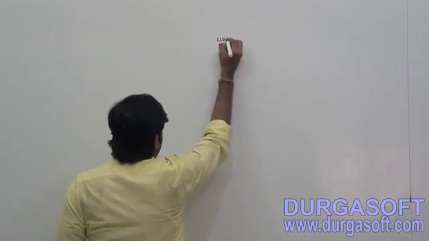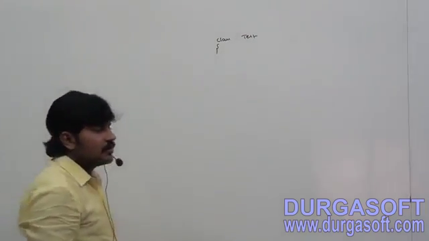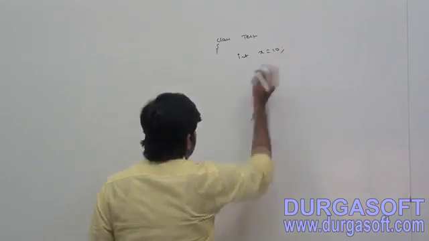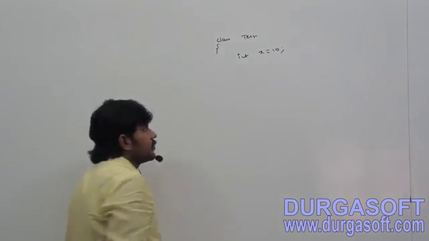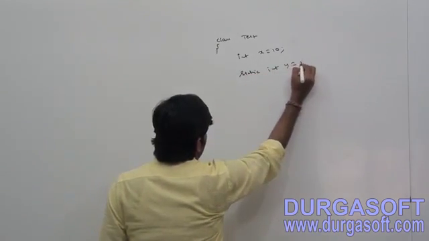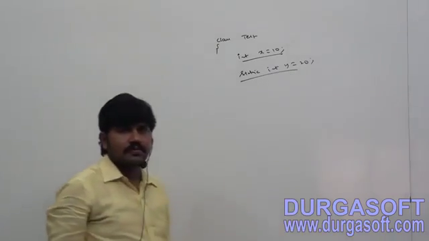Now the next point. Observe, sir, I have a class Test. Listen a bit carefully. I have one instance variable, int x = 10, and one static variable, int y = 20.